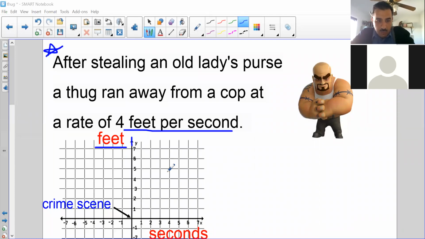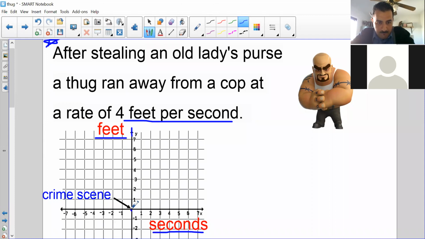Now, the crime scene's right here at 0, 0. The thug starts running away at 4 feet per second. So 1, 2, 3, 4 feet at 1 second. Okay, there it is. After the first second, he's 4 feet away from the crime scene.